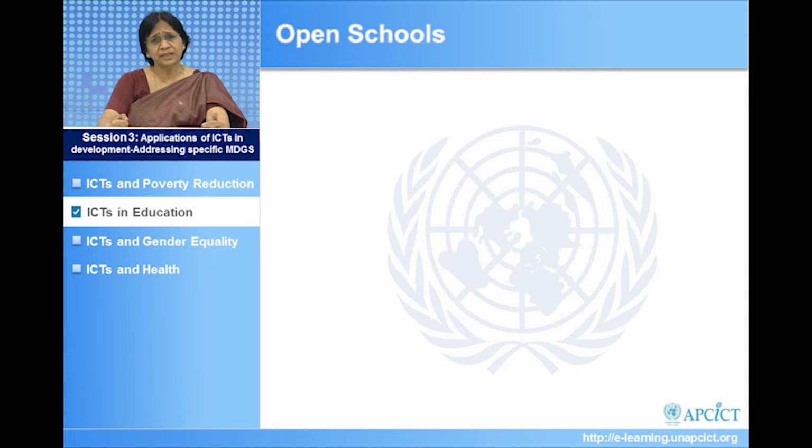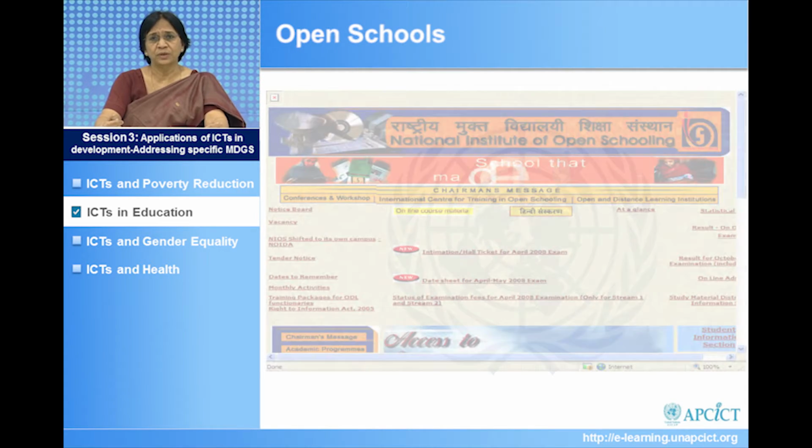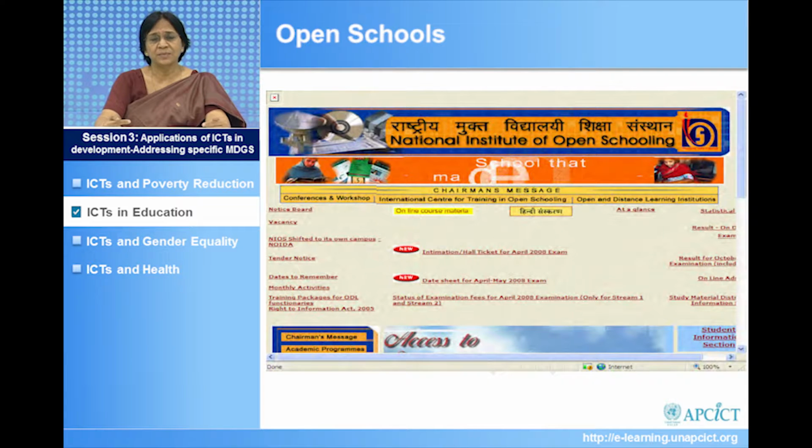I cite the National Institute of Open Schooling in India, not because it is the world's largest open school, but because it demonstrates that it is possible to use technologies even for primary and secondary education, places where sometimes we feel that the teacher is most required to be present. Again, I invite you to visit the website and explore.